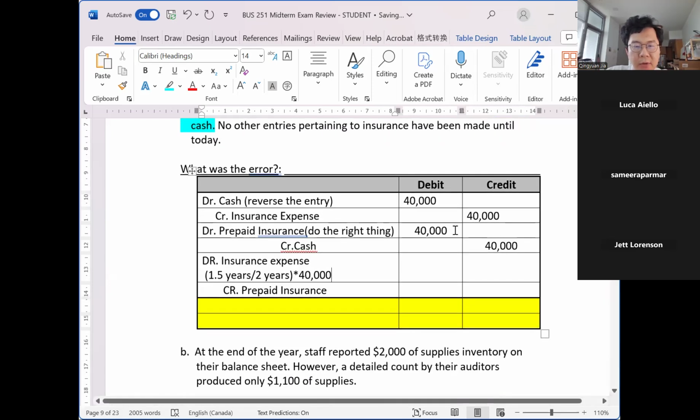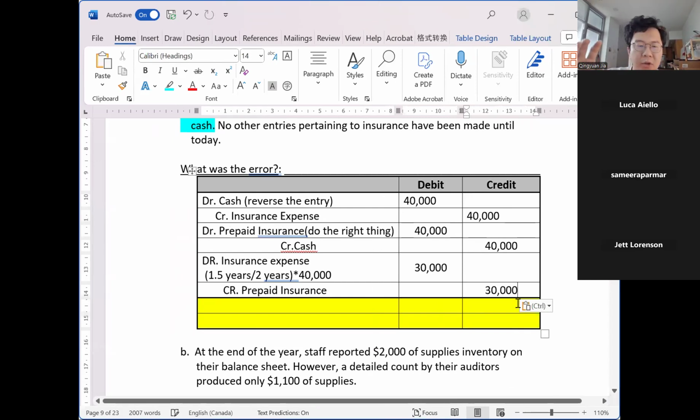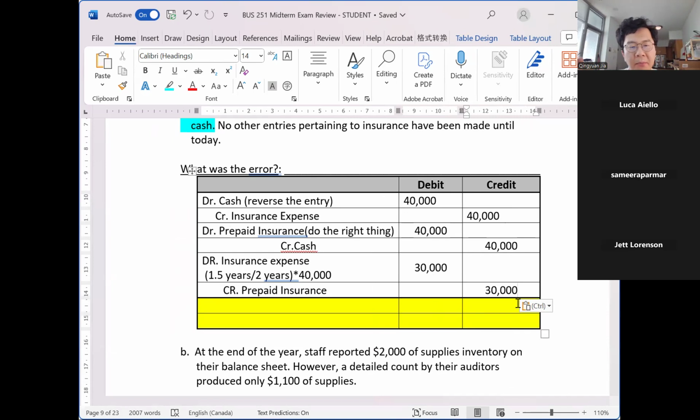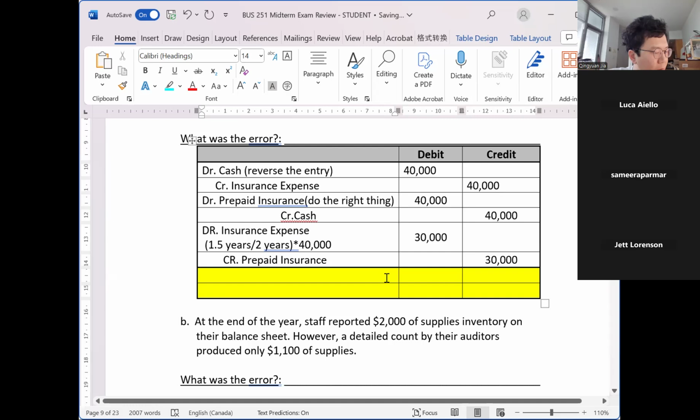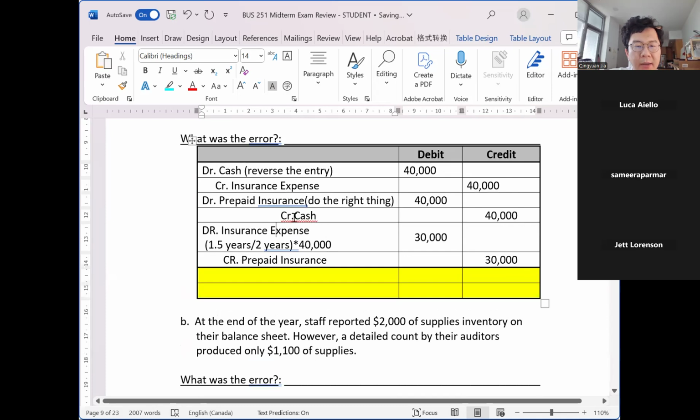And 40 comes from here. And this is the amount that previously existed in prepaid insurance. So in this way, it will be 30,000. And the prepaid insurance will decrease by 30,000. And actually, this 30,000 is moving from the prepaid insurance to the real expense. So we used this amount.